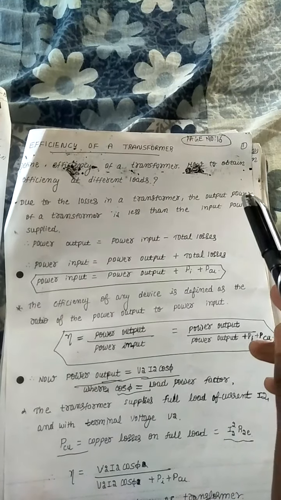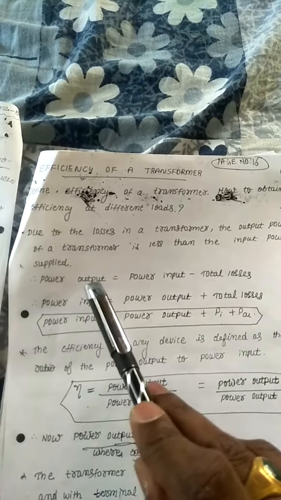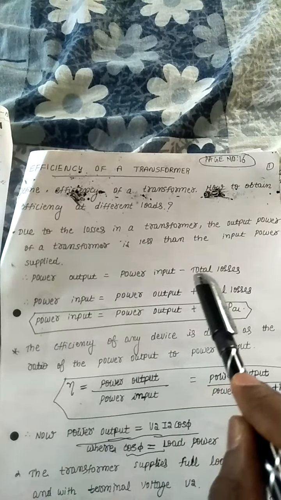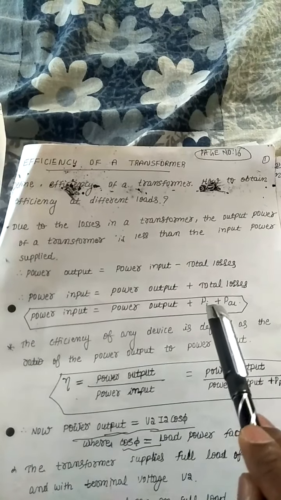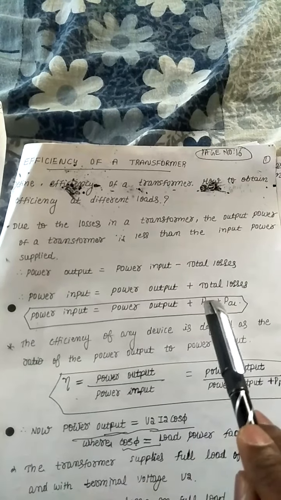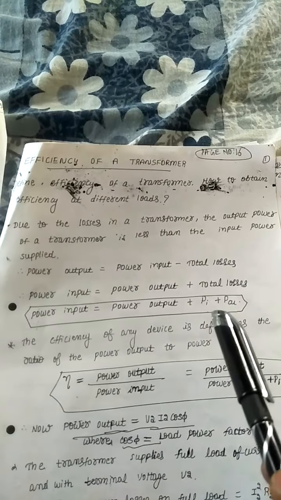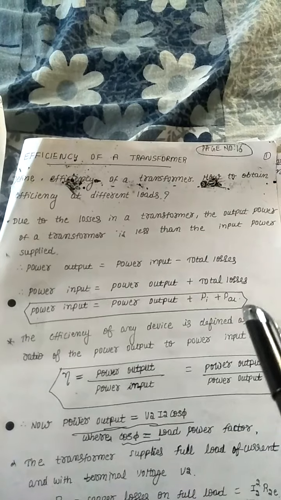Due to the copper loss and iron loss, the output power is not equal to input power. Therefore output power is equal to input power minus total losses. The total losses are, as I explained earlier, iron loss and copper loss. Pi stands for iron loss and Pcu stands for copper loss.